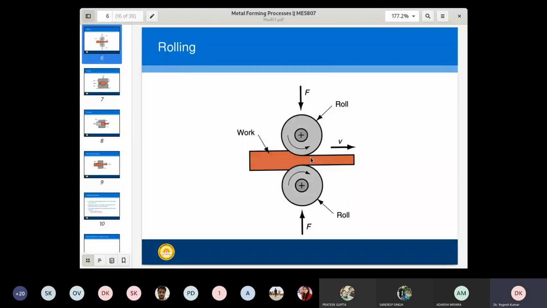In rolling, the workpiece is rolled between two rolls or more than two rolls. You can see this portion is under the action of compressive stresses. So compressive type of stresses are developed during the rolling process.